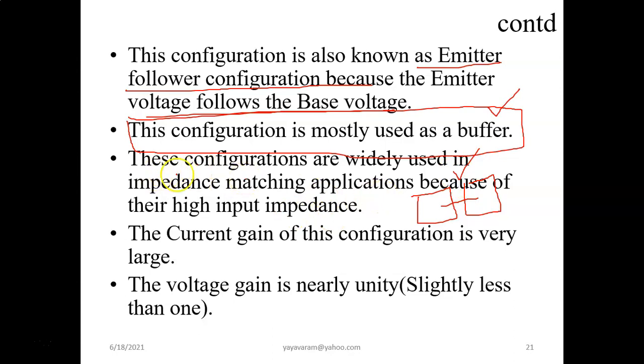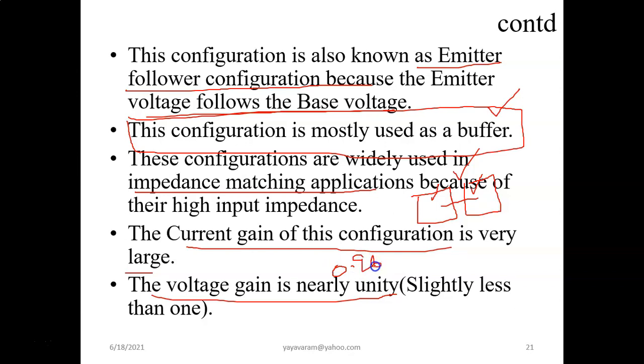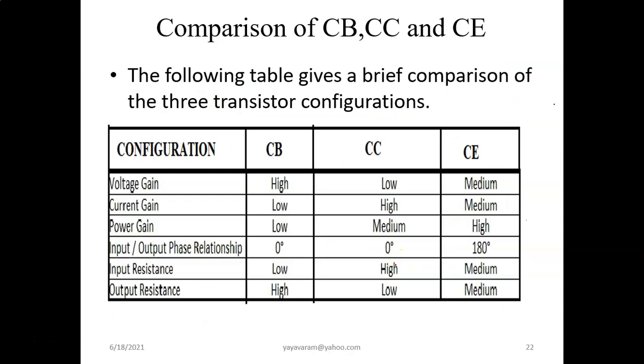These configurations are widely used in impedance matching, or resistance matching, for devices of different impedances. The current gain of this configuration is very large, but the voltage gain is nearly unity, slightly less than 1. Practically it is 0.95, 0.96, something like this. This is another very important feature of the common collector.